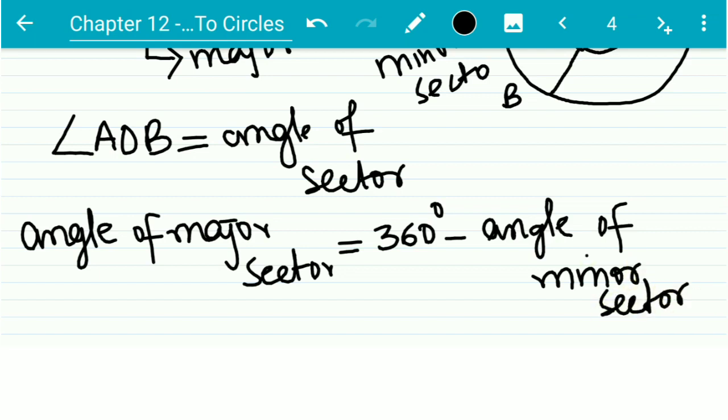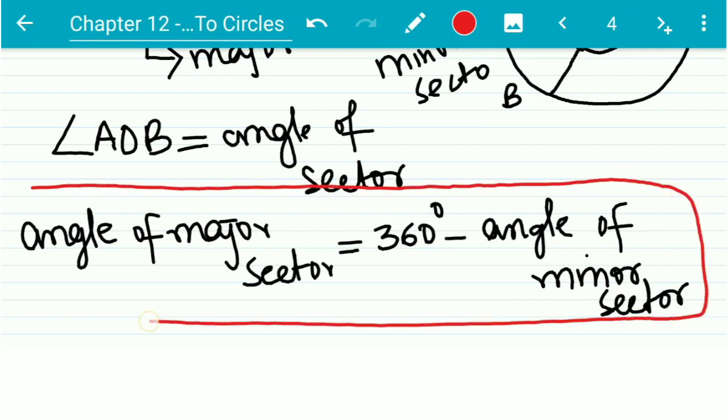Reverse also, you can find the angle of the minor sector is equal to 360 degrees minus angle of the major sector. If you know any of the angles, whether the angle of the minor sector or the angle of the major sector, you can find the other angle by subtracting it from 360 degrees, since the angle of the whole circle is what? 360 degrees. So this is one formula to find the angle of the sector.